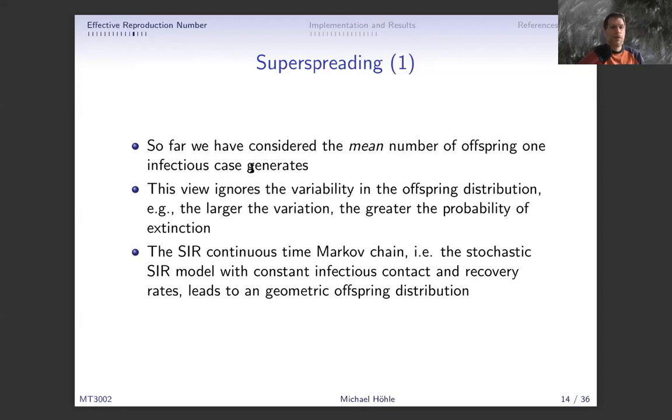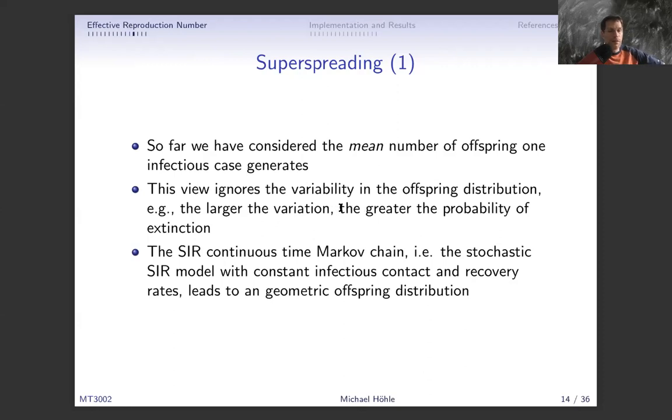It's not just the mean of the offspring distribution which is important, it's also the variability in the offspring distribution. And this is something which is not captured by the R0 per se, because this only looks at the mean.